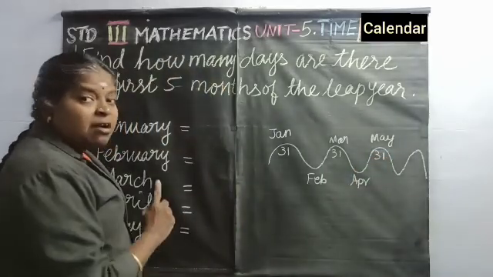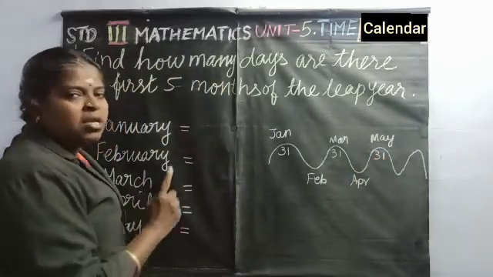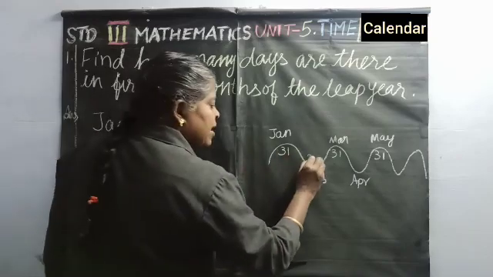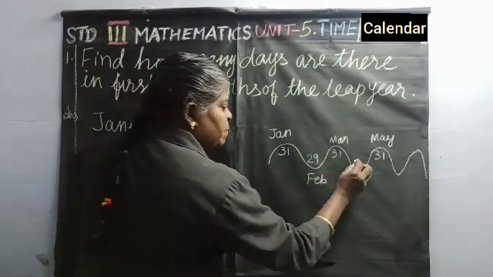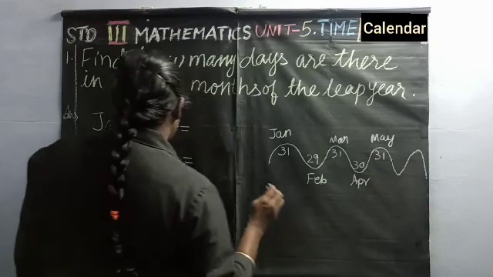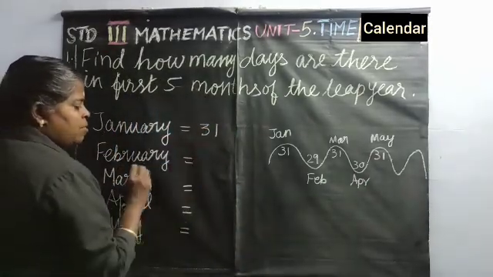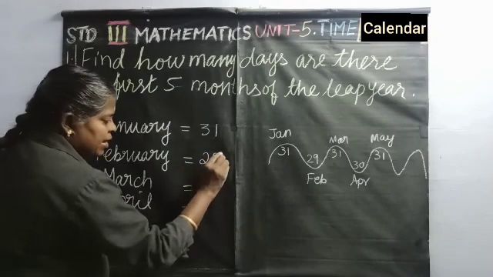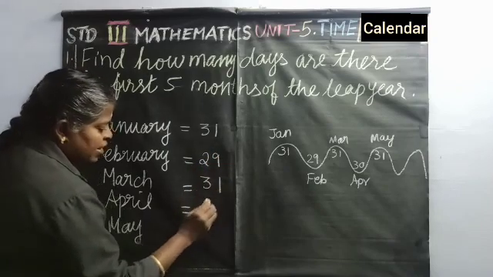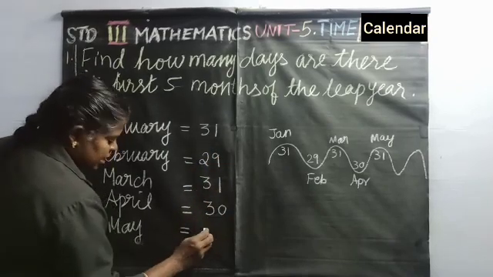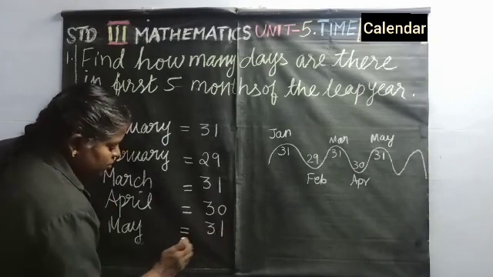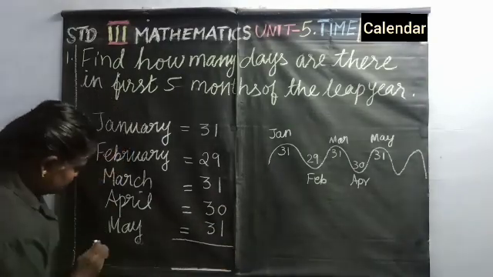In a leap year, February has how many days? In a leap year, February has 29 days. April, 30 days. So now we can write: January has 31 days. February, 29. March, 31. April, 30. May, 31. So total number of days.